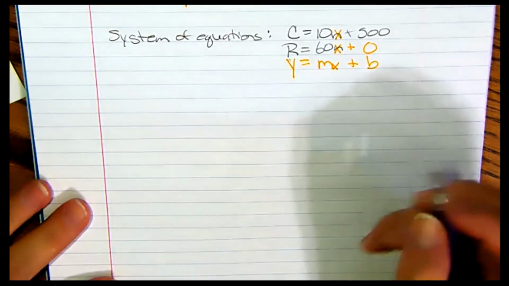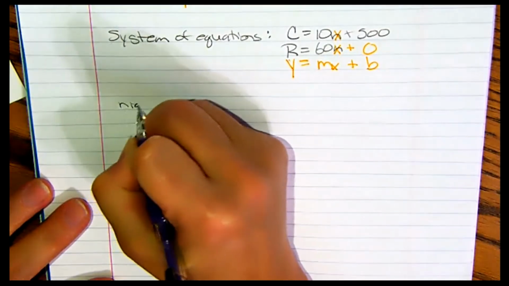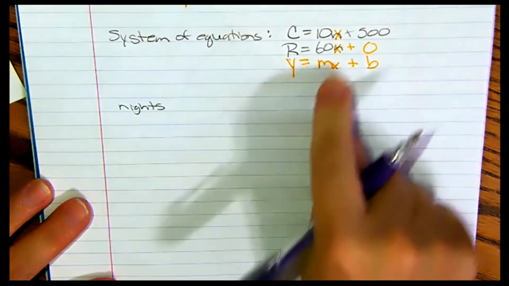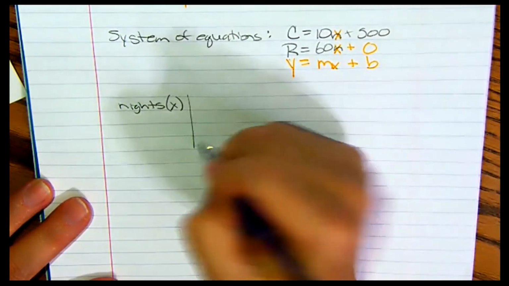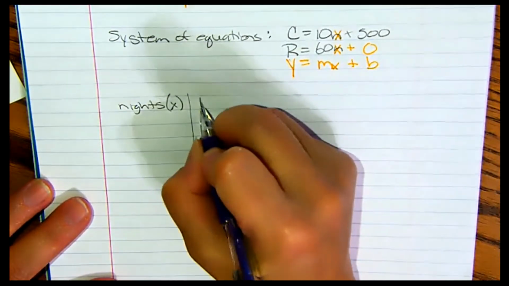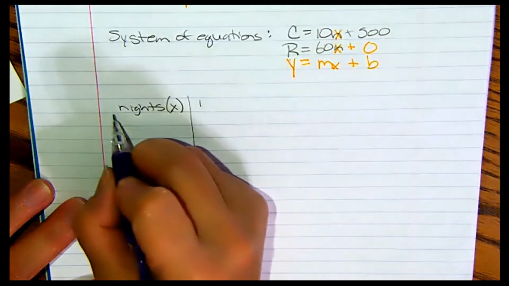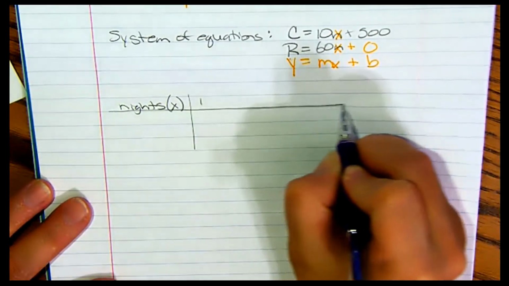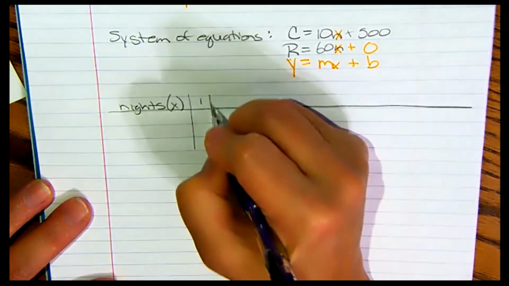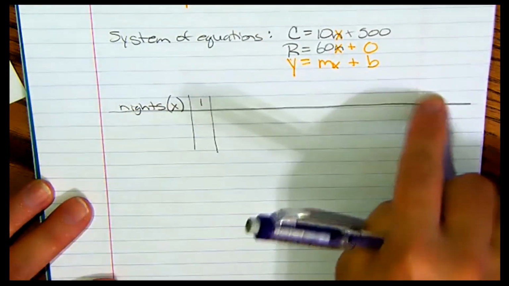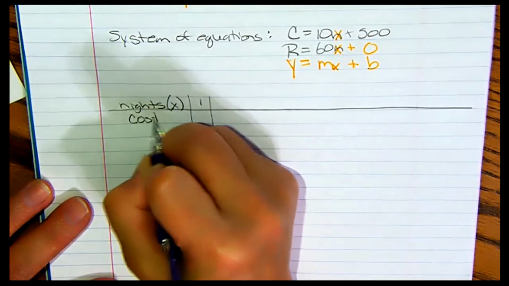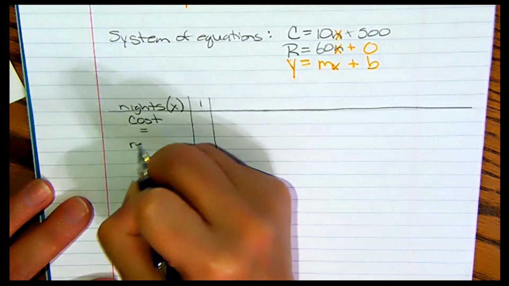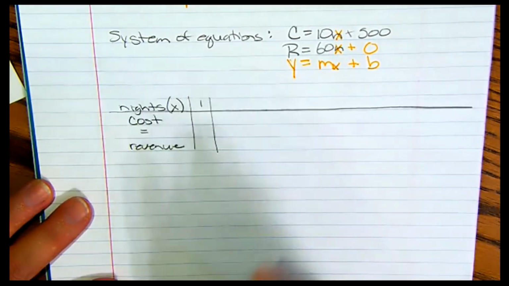So we have the number of nights, which is my X. So we can rent it out for one night. Let's start with one night, and then we'll decide where to go from there. Then we want to know when our cost is equal to our revenue.